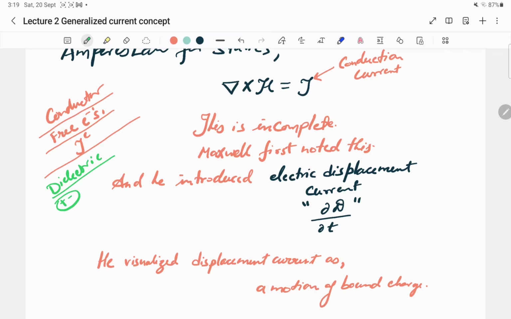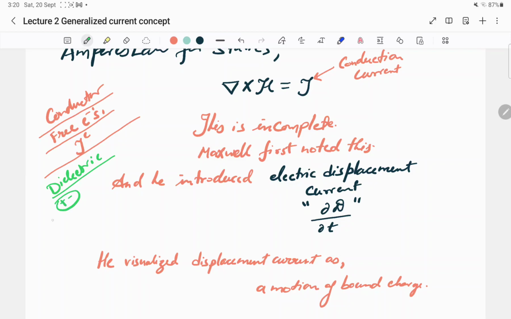These bound charges move in the vicinity of an electric field. That is, when the electric field changes with respect to time, then these bound charges tend to move. And Maxwell noticed this motion of bound charge in dielectric material, and he named it displacement current, or precisely electric displacement current.